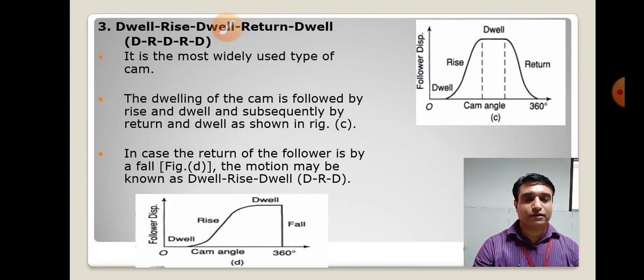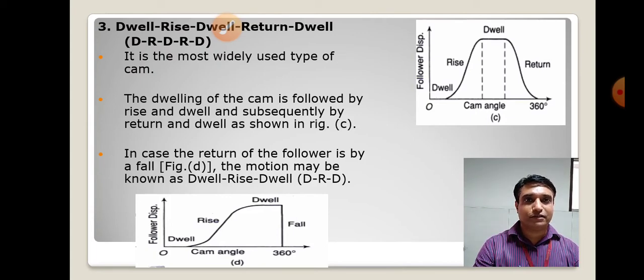As we can see on the screen, the third classification is the DRDRD pattern. This is the pattern which classifies the cam into different categories. In the DRDRD pattern, the first D means dwell, R means rise, the next D means dwell again, R means return, and the last D means dwell.